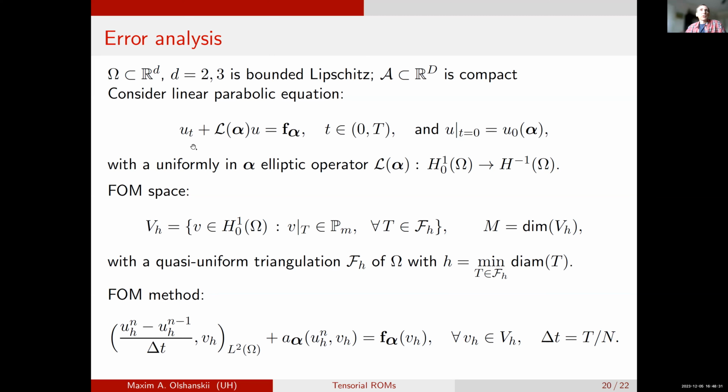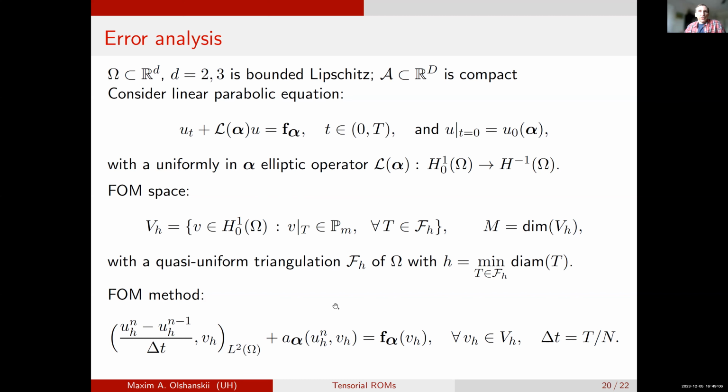I consider an abstract linear parabolic problem, which depends on a parameter. So L is some elliptic operator, which is uniformly elliptic and uniformly continuous in alpha. The full space is a standard conforming finite element space of degree m on a quasi-uniform triangulation. The full method is again a standard implicit Euler.